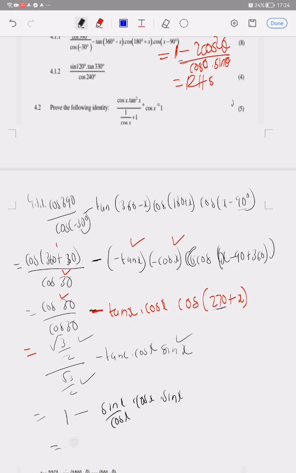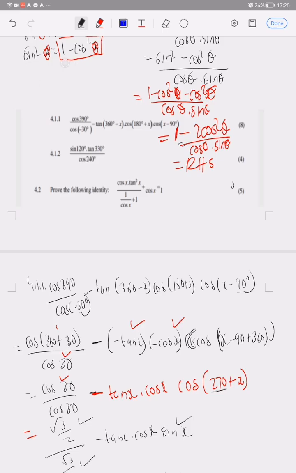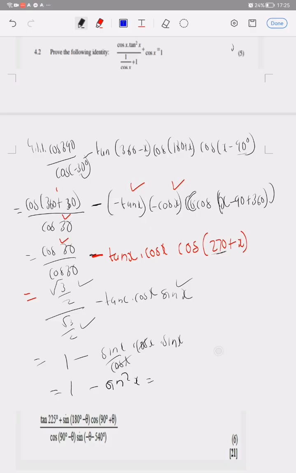So what am I having? You'll have to cancel, and get sine squared x. So when you check, I think we did something like this. Now it's for cos. Sine squared x plus cos squared x is equal to 1.